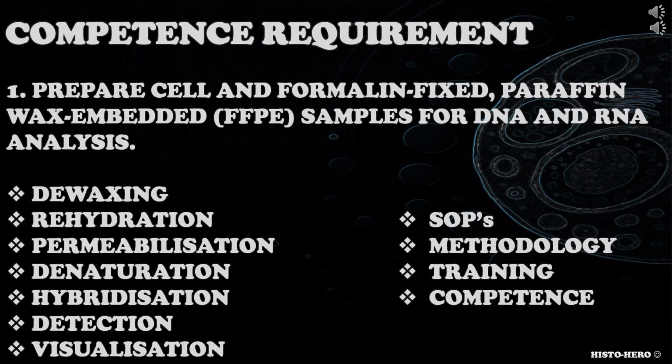Do they follow local protocols and SOPs? Do they correctly troubleshoot problems encountered during DNA and RNA analysis? When addressing this competence requirement, candidate could consider deparaffinization, rehydration if needed, permeabilization, denaturation, hybridization, detection, visualization, SOPs, method used like FISH or SISH, your training and competence.